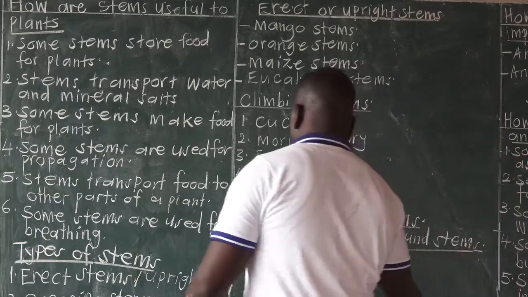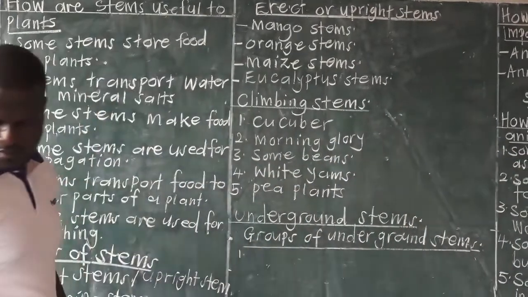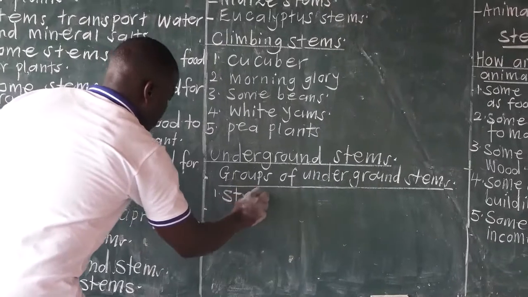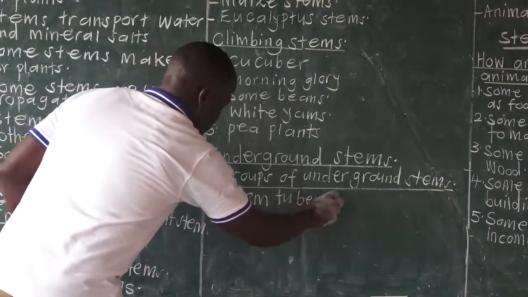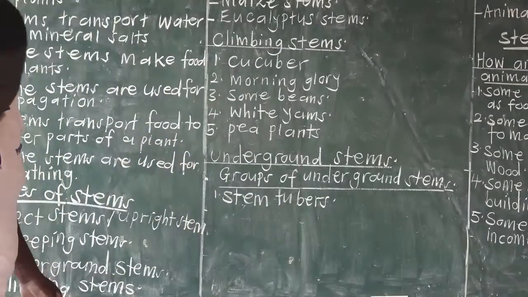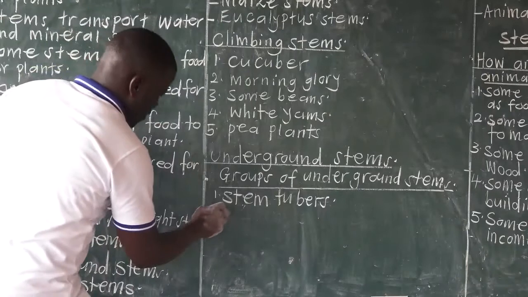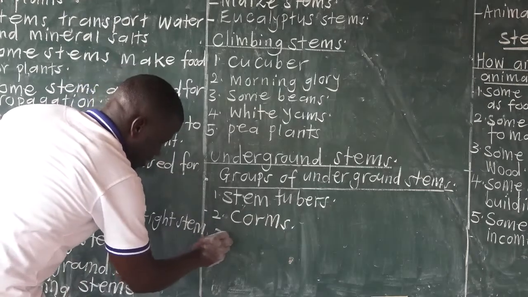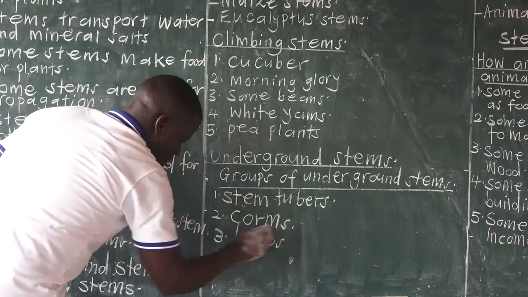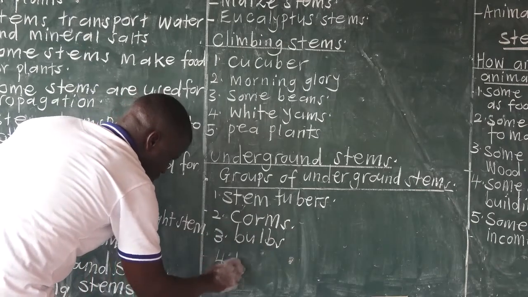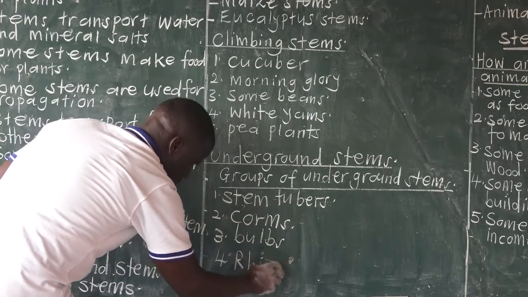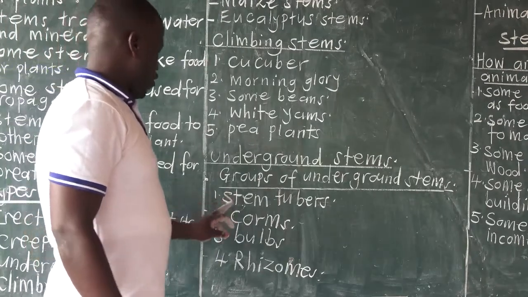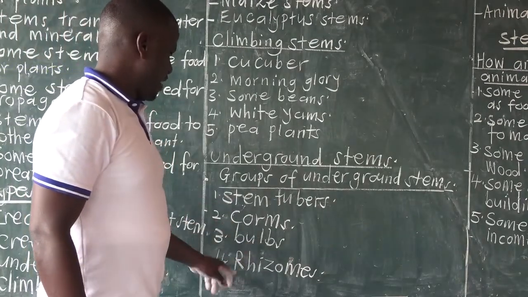One, we have stem tubers, we have corms, we have bulbs, then we have rhizomes.